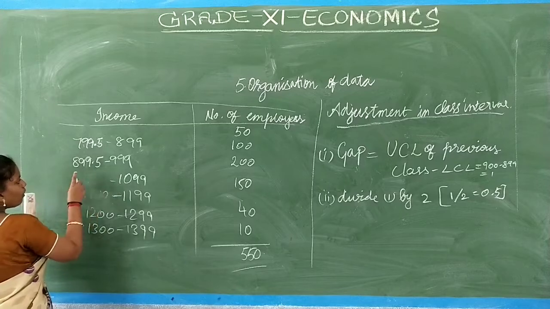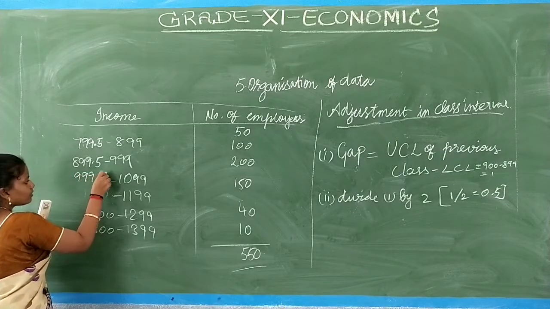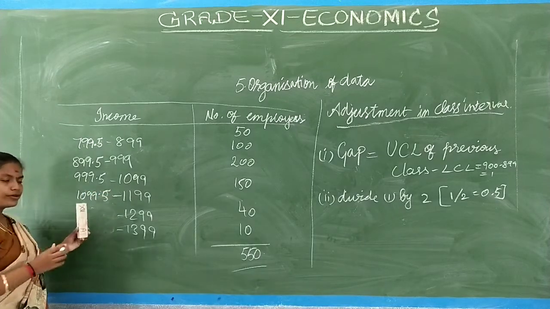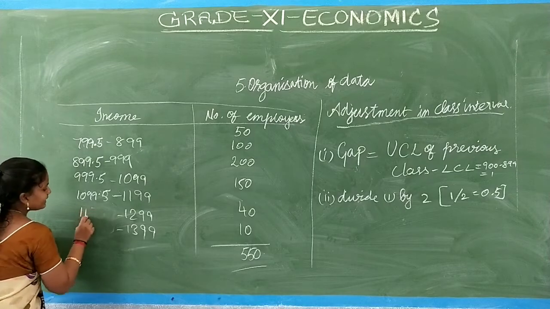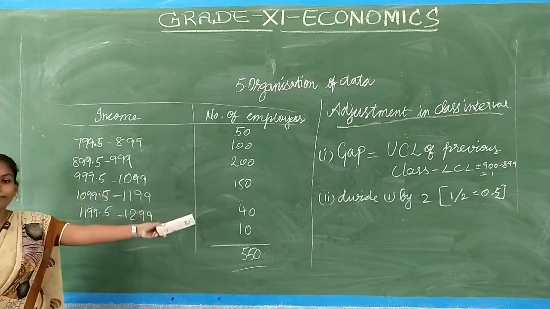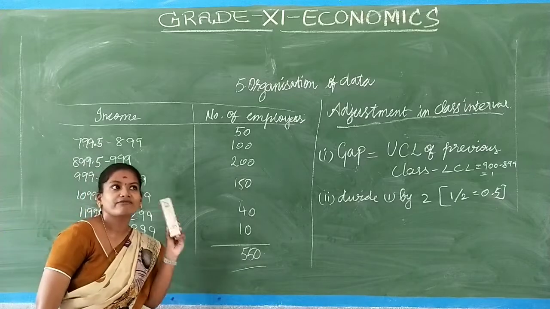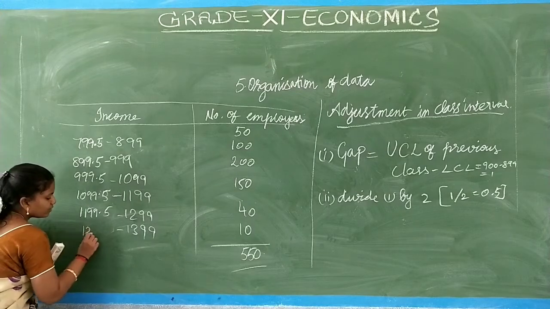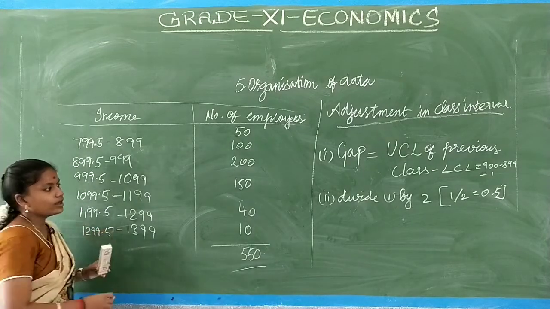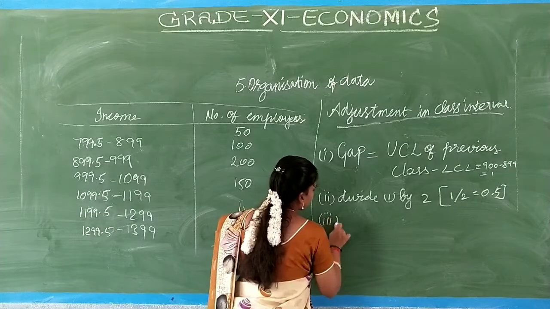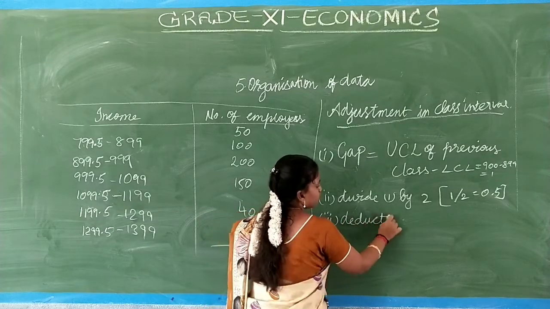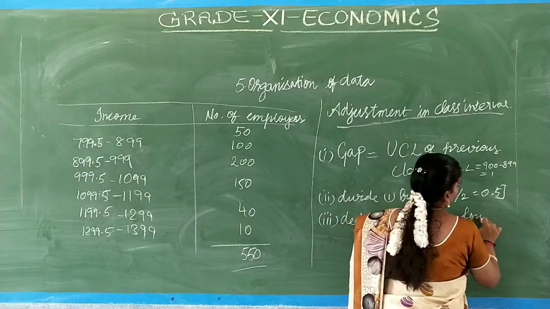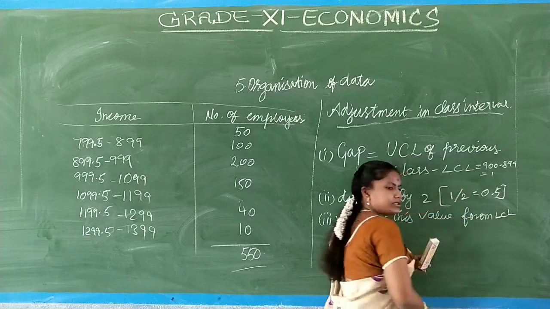Similarly, you are going to do in all the cases. For every frequency distribution, it will differ, student. In this example, we have got 0.5. So the third step: deduct this value from the lower class limit.